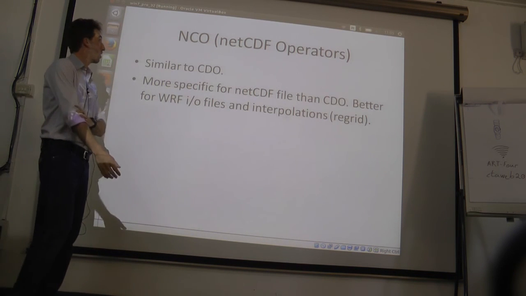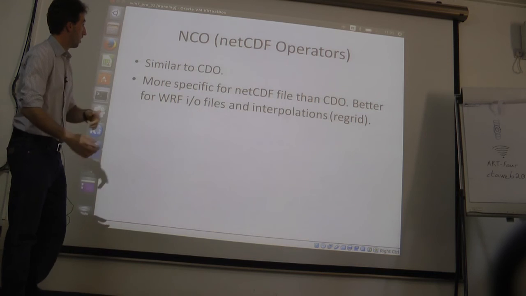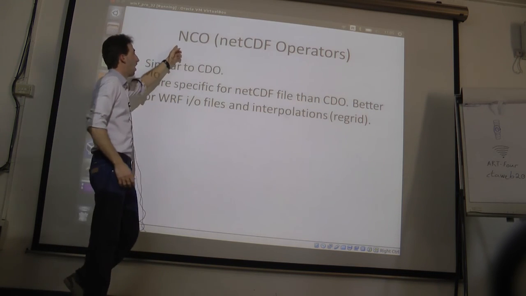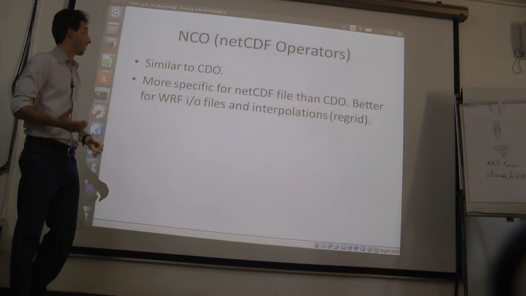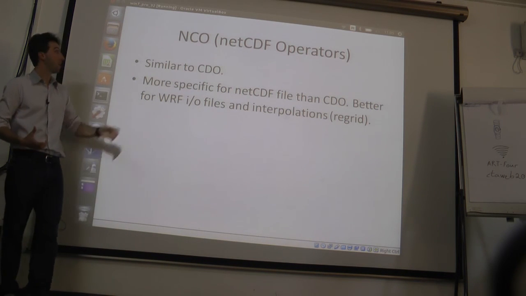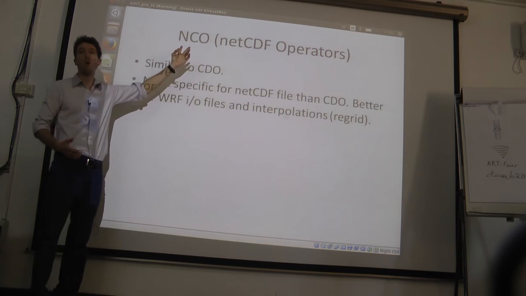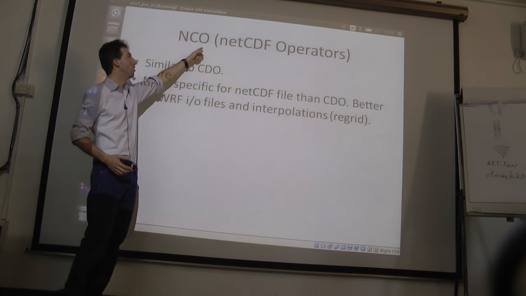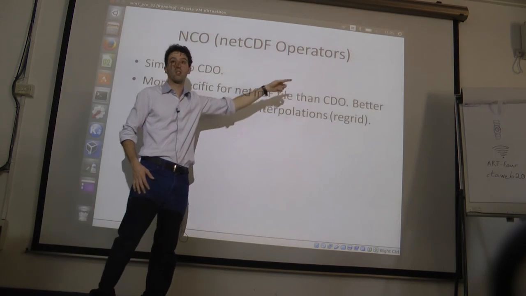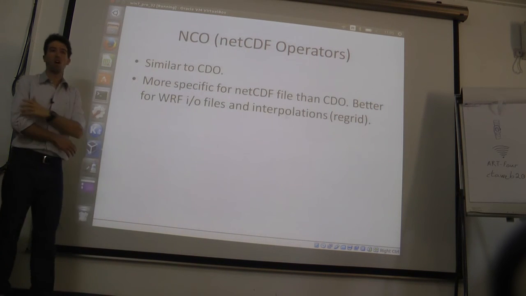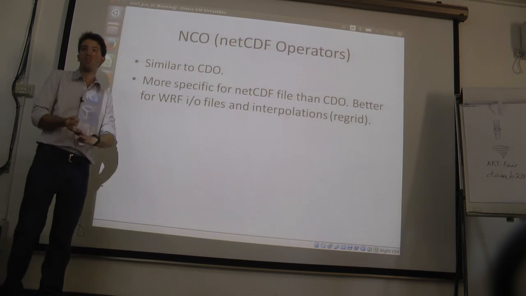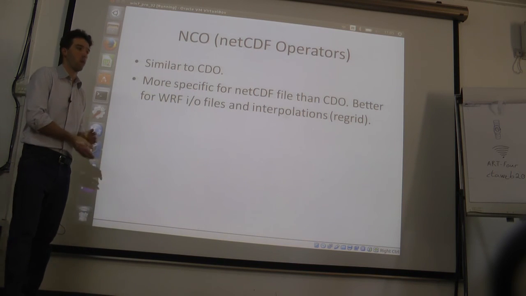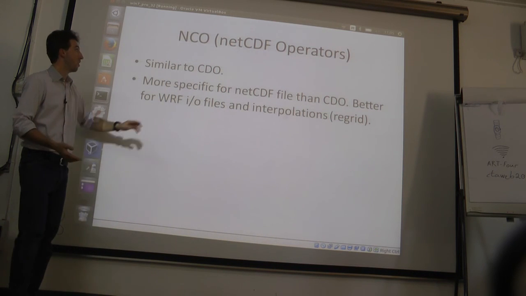There is another tool. I have never used it, but it's similar to CDO. It's NCO, which is NetCDF Operator. CDO is more for all kinds of files, grib1, grib2, so you can work with all kinds of files.